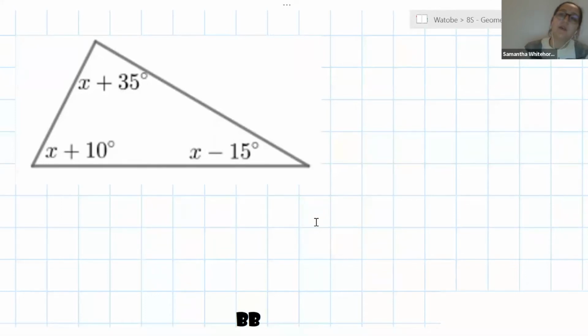Remember, we know that when I add all the angles together in a triangle, I should get 180 degrees. I'm going to give you a minute or two to try and give me a value for x, because sometimes you don't always get enough time. Remember your reasons. If you are feeling comfortable, put your hand up and we'd love to hear, or you can pop it in the chat. This is quite a hard one, so take your time and work through it carefully.